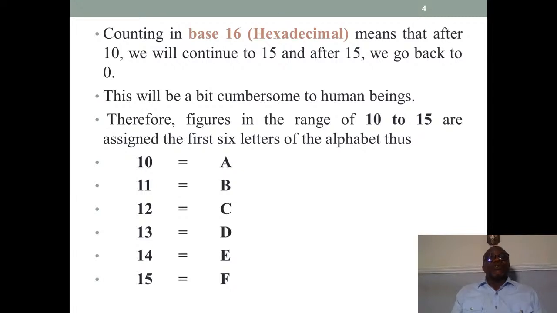So if we are counting in base 16, which is hexadecimal, it means that after 9, we will continue to count up to 15. And after 15, we go back to 0. This will be a bit cumbersome to human beings. Therefore, figures in the range of 10 to 15 are assigned the first 6 letters of the alphabet.